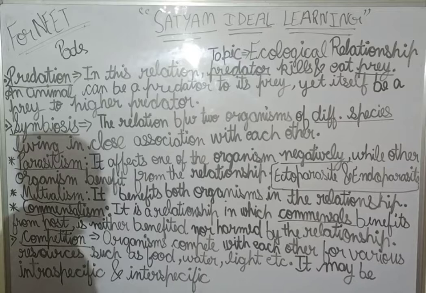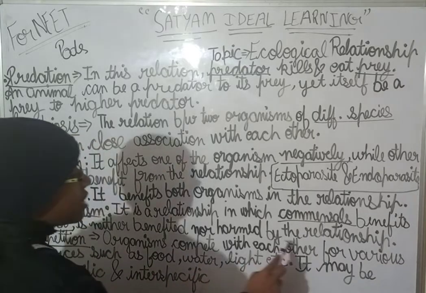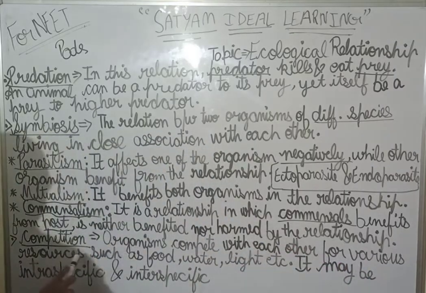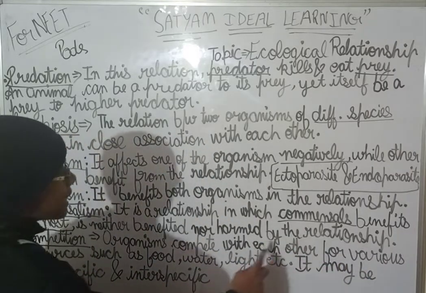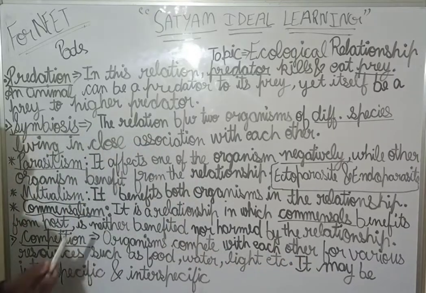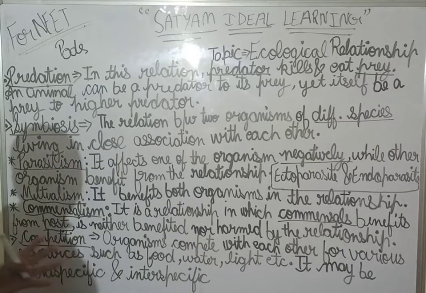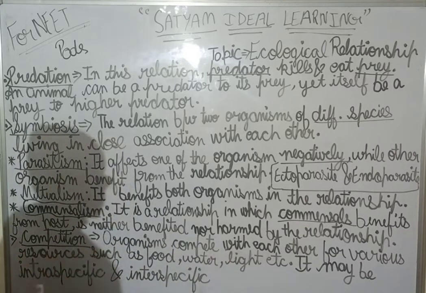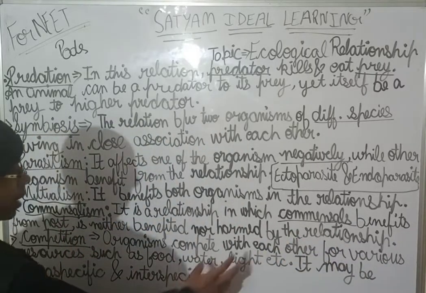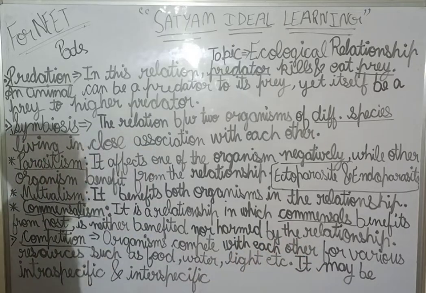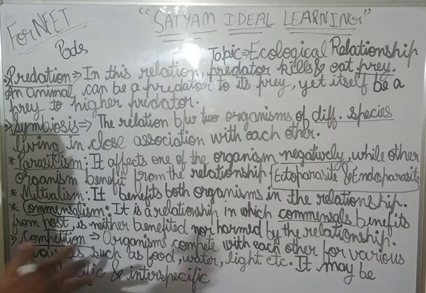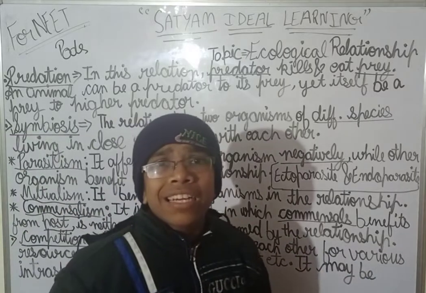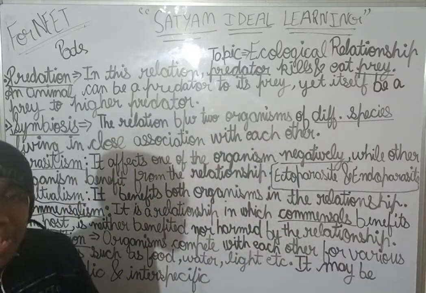In competition, organisms compete with each other for various resources such as food, water, light, etc. In animals, there is competition between the organisms for food, shelter, and also for the mate for reproduction.